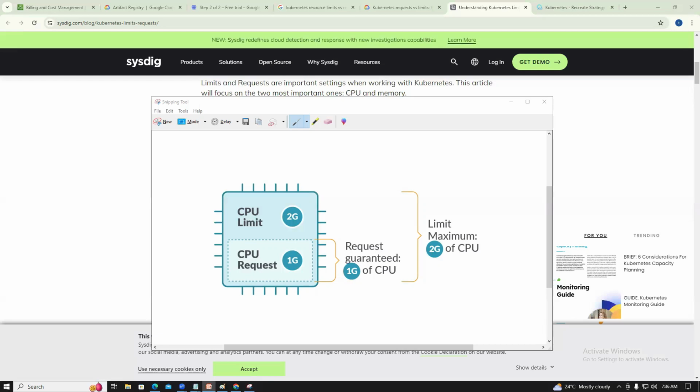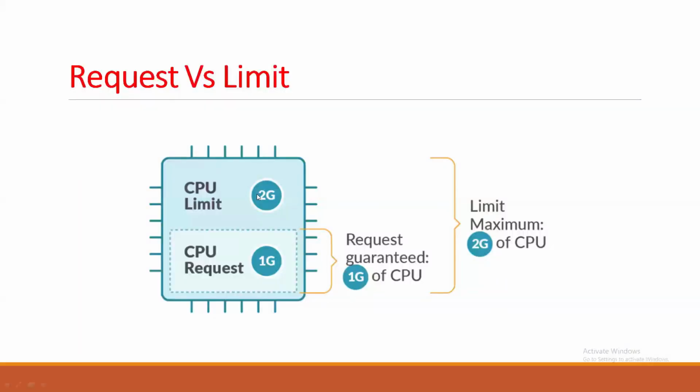So limit is a maximum amount, and request is the minimum. See guys, request and limit: limit is the maximum amount, request is the minimum amount. Okay.